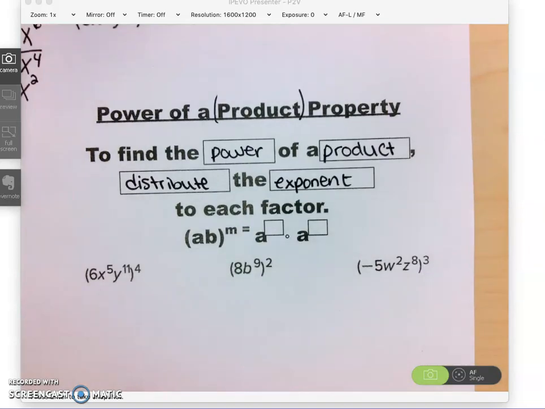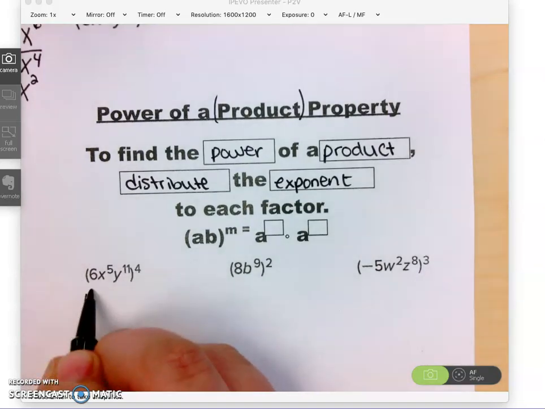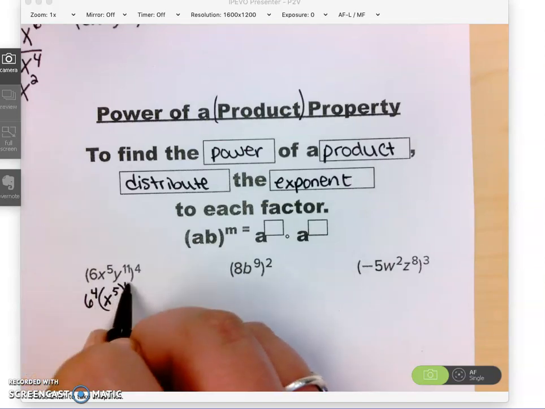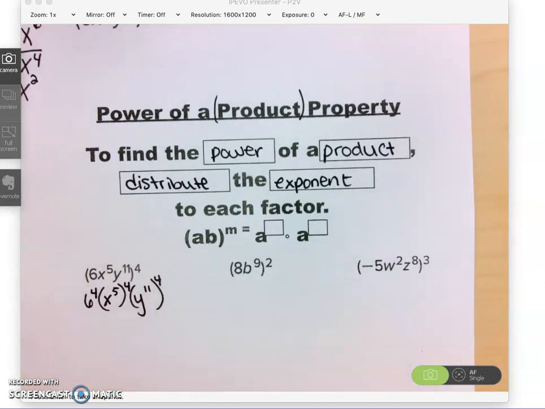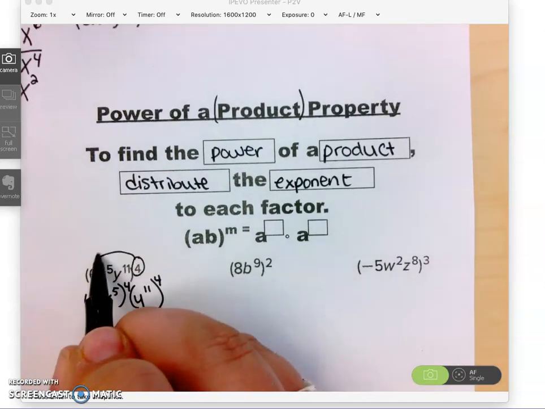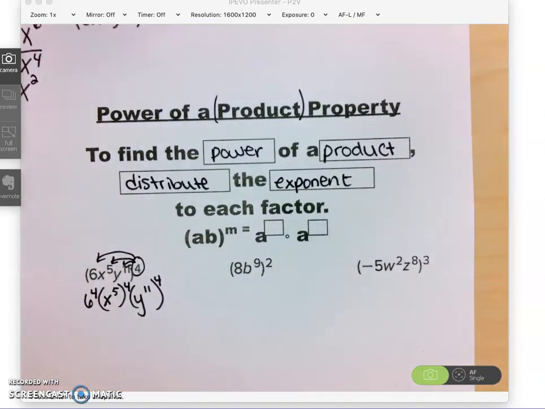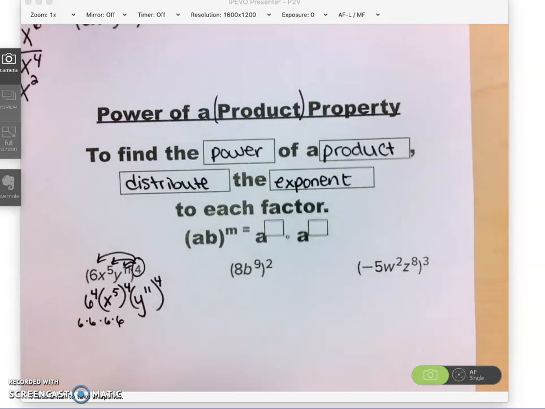So what you're going to do is kind of distribute the exponent to each of those factors. So here, the 6 is to the fourth power. Then I have x to the fifth to the fourth power. And then y to the 11th to the fourth power. I distributed this within here to each one of the factors. And then here 6 to the fourth, so 6 times 6 times 6 times 6, so 36 times 36.